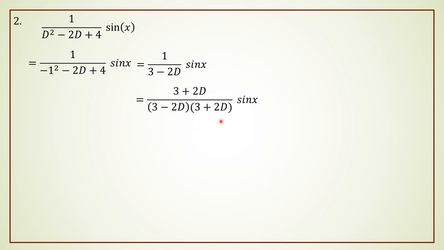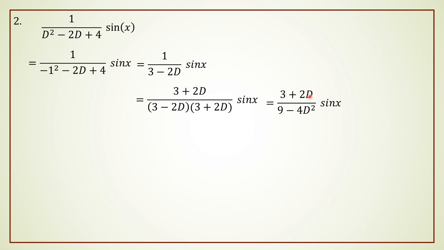Just observe the denominator. It is of the form a plus b into a minus b, so I can write it as a square minus b square. So I have the equation as 3 plus 2D divided by 9 minus 4D square.